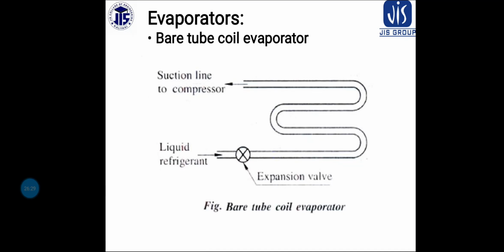Copper tubing is used in small evaporators using freon as refrigerant, whereas steel tube is employed with large evaporators using ammonia as refrigerant. Okay, so bare tube coils are available in a number of sizes, shapes and designs, and are usually custom made to the individual application.